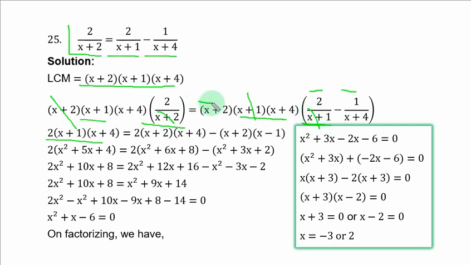You are left with this multiplied by 2, and that is what you have here. If you multiply this term by the same LCM, this factor will remove this. You are left with the product of the first two factors multiplied by minus 1, and you have it in this form. Next thing is to expand.